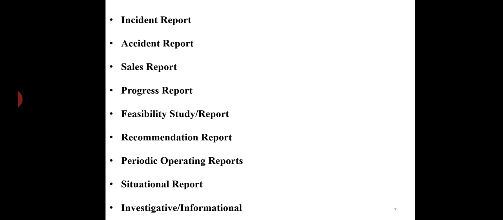Then the next one is a recommendation report. Recommendation report is related to the work to monitor and control the production, sales, shipping, services, etc. Then the next one is situational report.